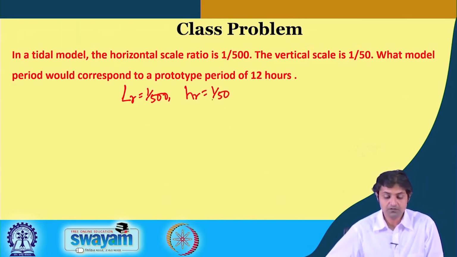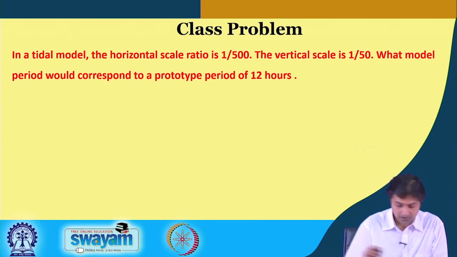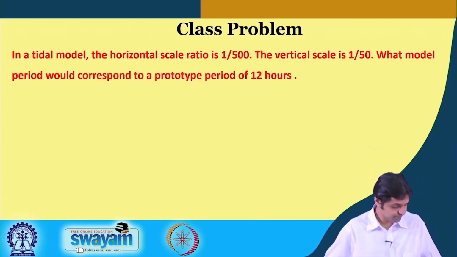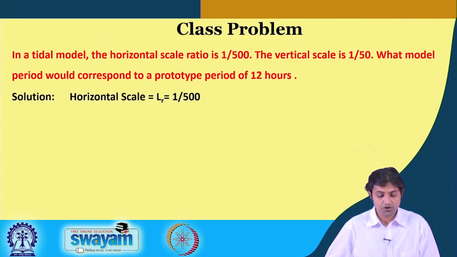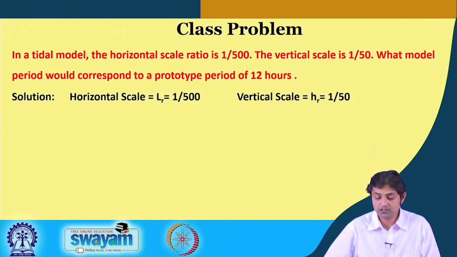What model period would correspond to a prototype period of 12 hours? Very good question, and we will see how do we solve this problem. So, horizontal scale LR is given by 1 by 500 and vertical scale HR is given by 1 by 50.